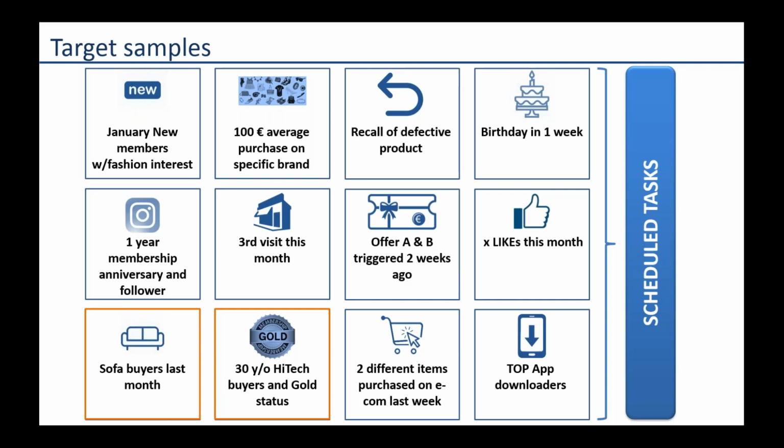Having the transaction history in the loyalty program is key in that sense because you know who bought a specific defective product, and then you can create a target for that, and then do a specific communication for this product recall.